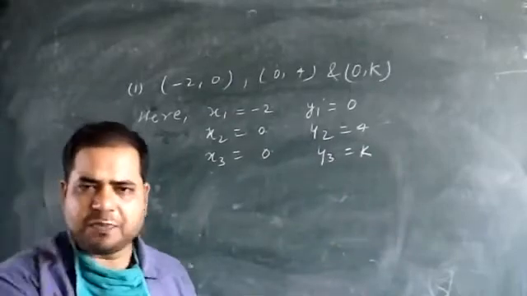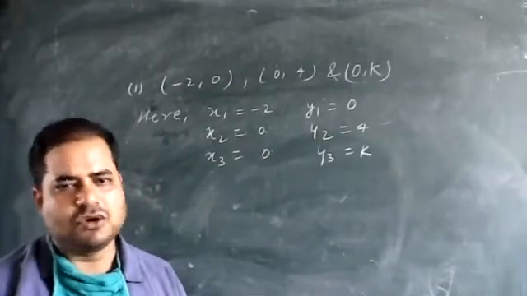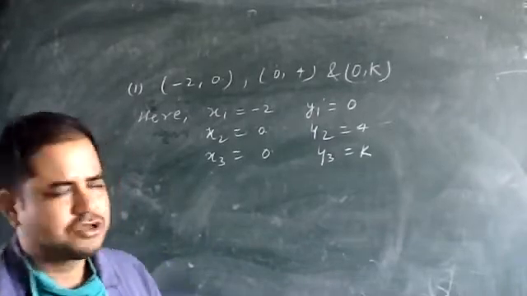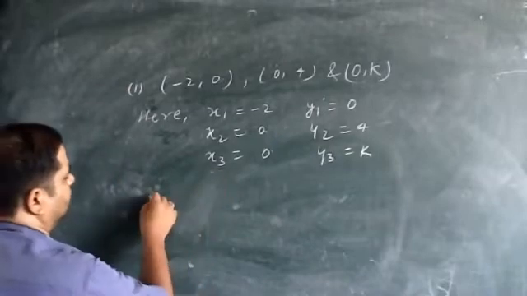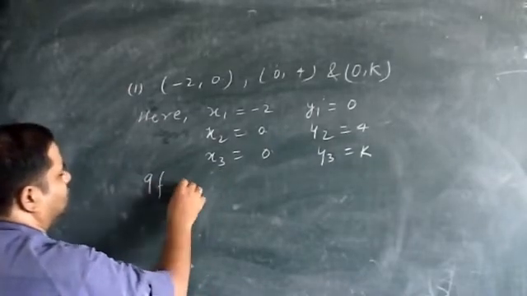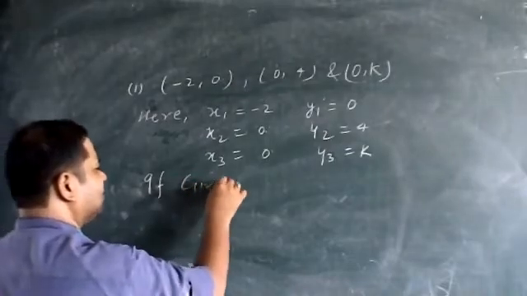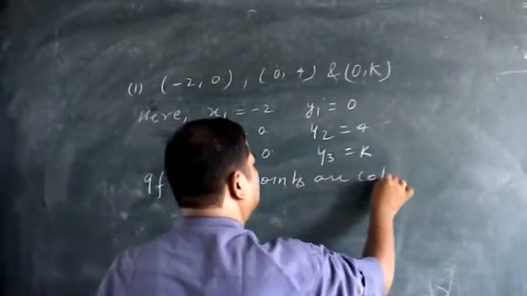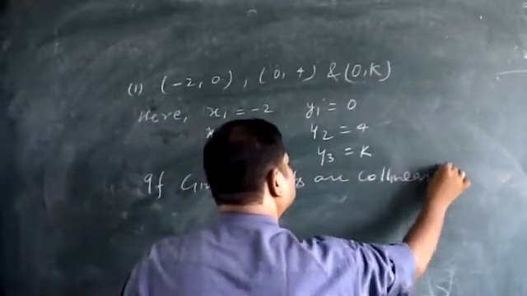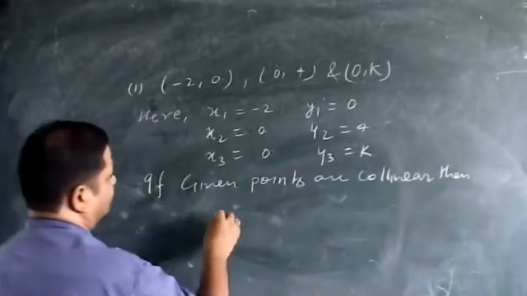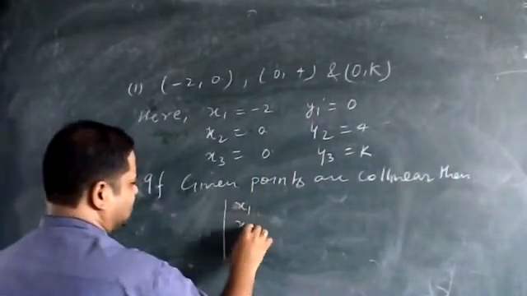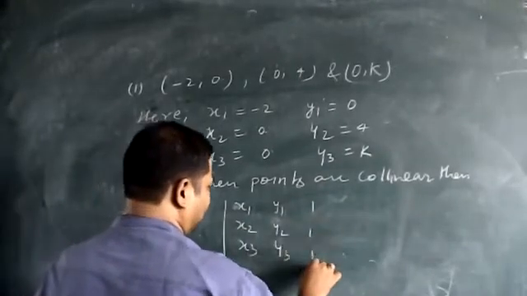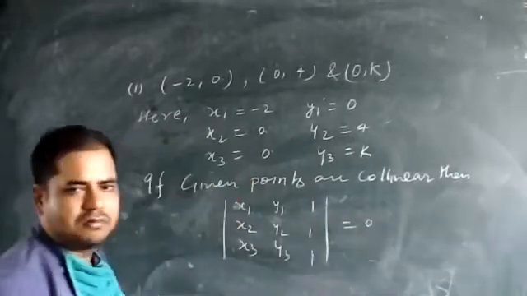If you know this determinant from class 10, how easy the questions in coordinate geometry become. If the given points are collinear, then the determinant of x1, y1, 1; x2, y2, 1; x3, y3, 1 is 0.